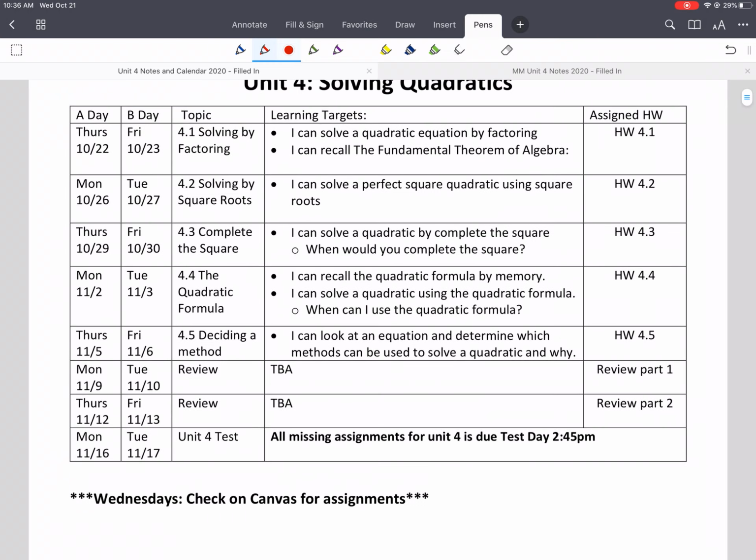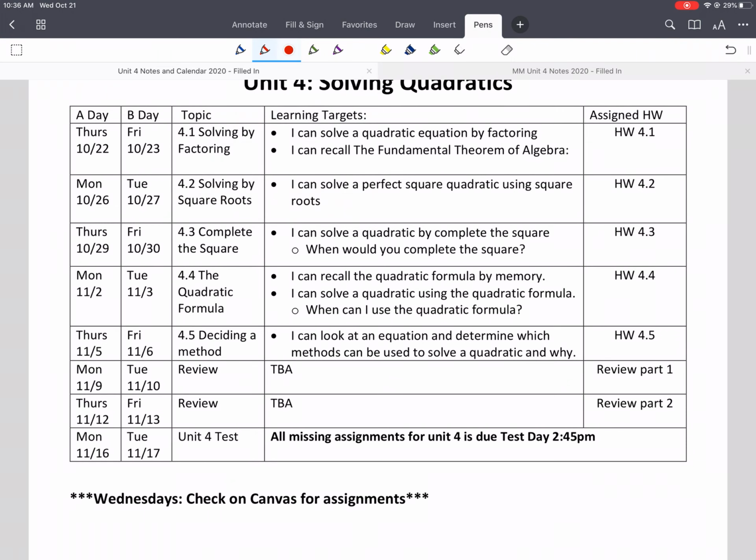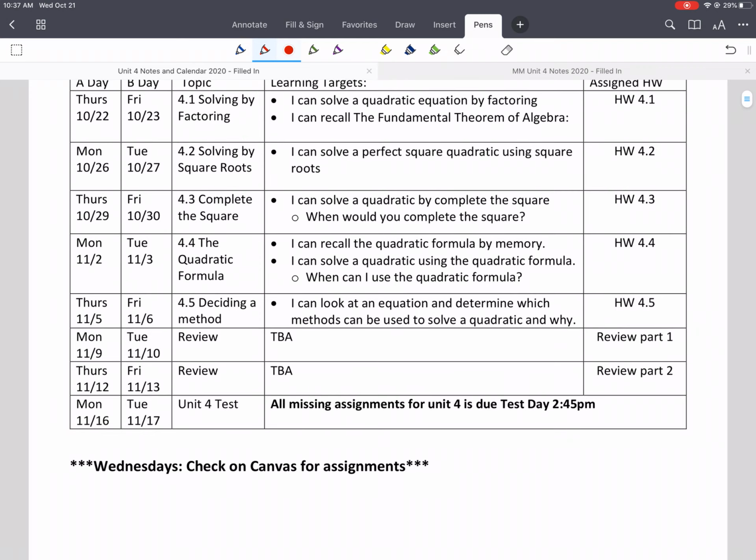So like between here and here, if I can get my pen, this is going to be a Wednesday between lesson 2 and 3. So I'll probably have some sort of quiz or questions for you to do about using those 2 lessons. So please make sure you stay caught up so you don't lose points.